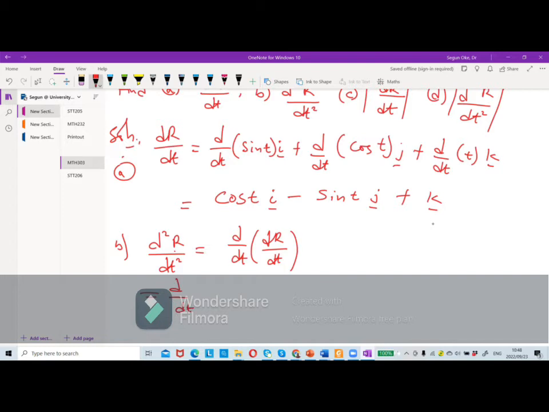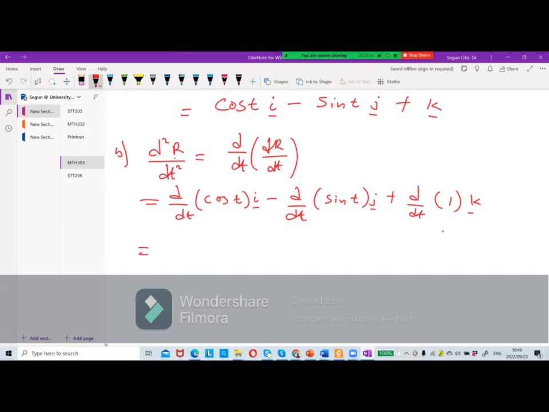We know dr/dt already, so we differentiate it again: d/dt of cos t i minus d/dt of sin t j plus d/dt of 1 k.